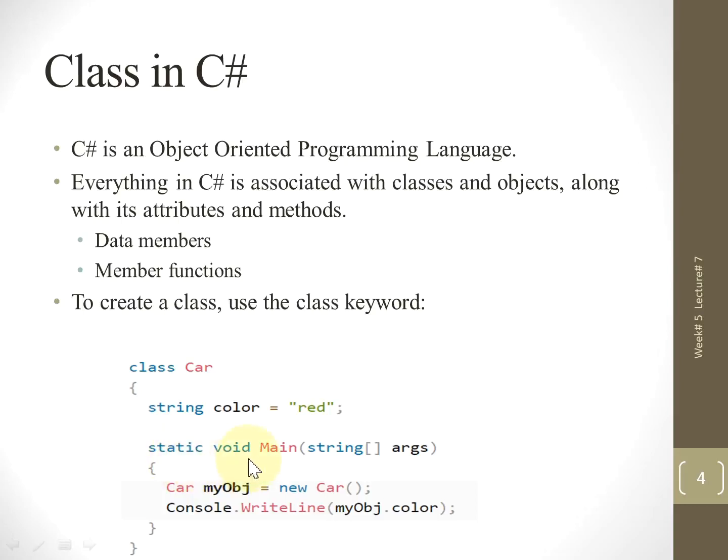As you can see, we have the main function, which is static, and we will be creating our objects within the main class, as we already did in C++ and other languages. So we have a data member and a member function, that is the main function. Next time we will be creating our user defined member functions. So overall, this is the class body, with the class keyword, and within the class body we have a main function as well.